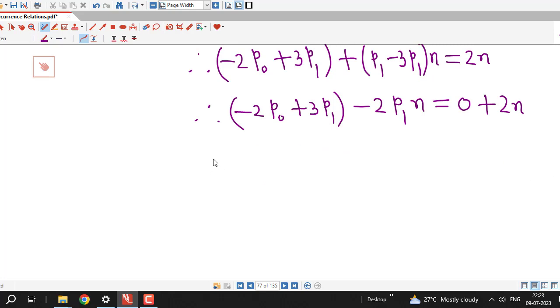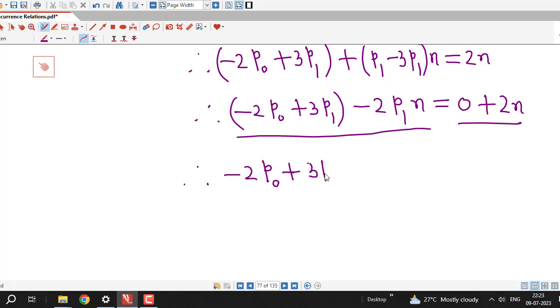Now we compare coefficients of equal powers of n on both sides. We can see this is a polynomial of first degree and this is also a polynomial of first degree. Therefore these two are equal if their coefficients are equal.